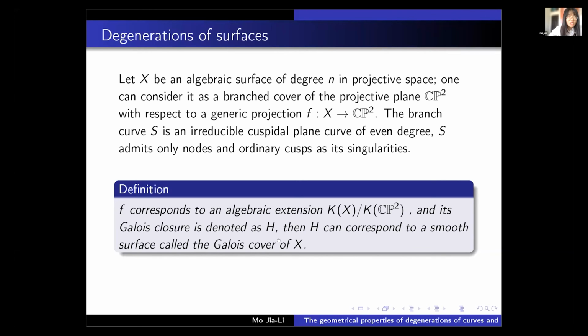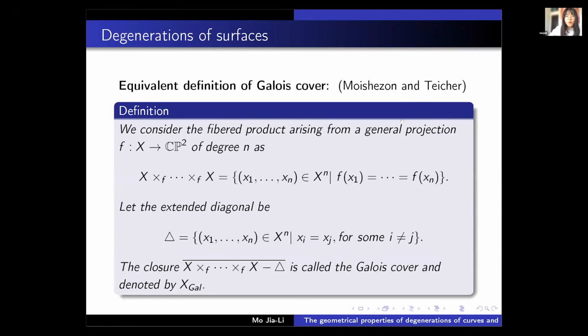Later, in order to calculate the fundamental group of Gauss curve more easily, Moishezon and Teicher defined an equivalent definition of Gauss curve as follows.